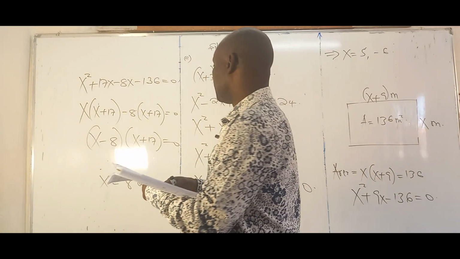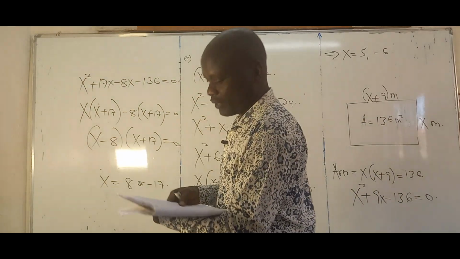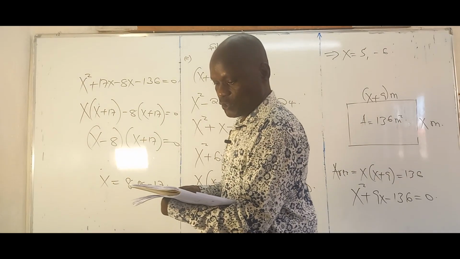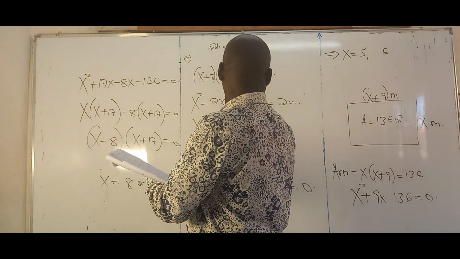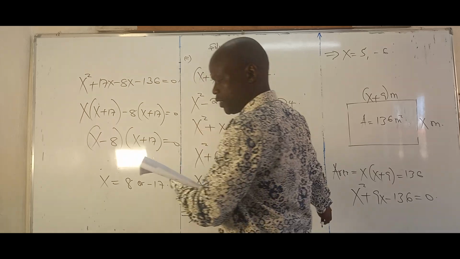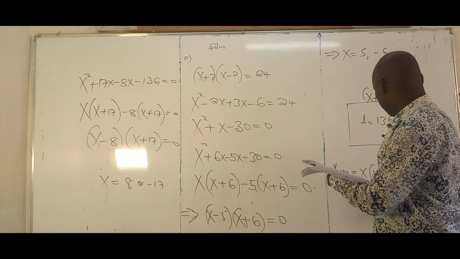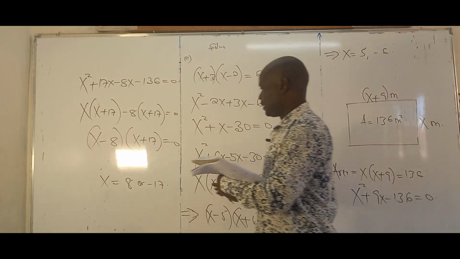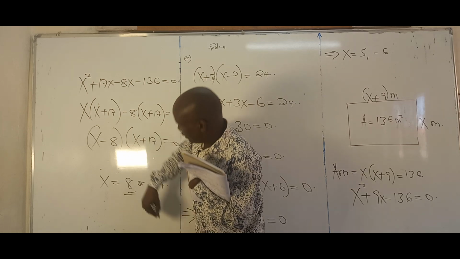But we pick a positive value because x is supposed to be a length. If it is length, then we can only pick a positive answer.